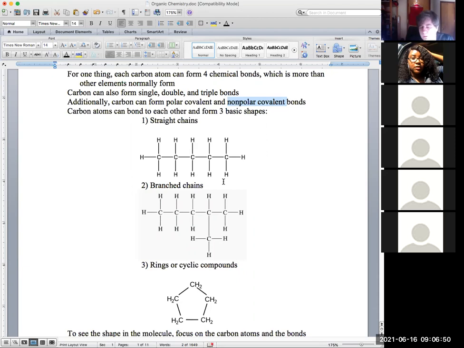So in these examples, we just have hydrogen attached to the carbon. We can have carbon form what are called straight chains. In a straight chain, the first carbon is bonded to the second carbon, which is bonded to the third carbon atom, which is bonded to the fourth, and so on until we get to the end of all our carbon atoms.